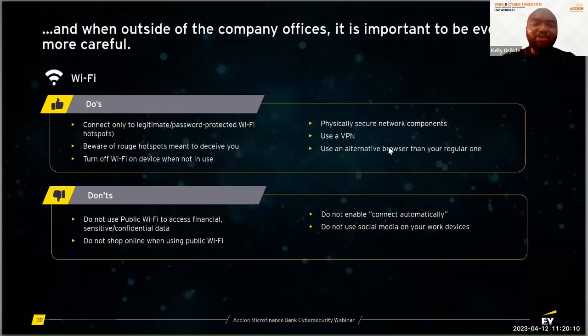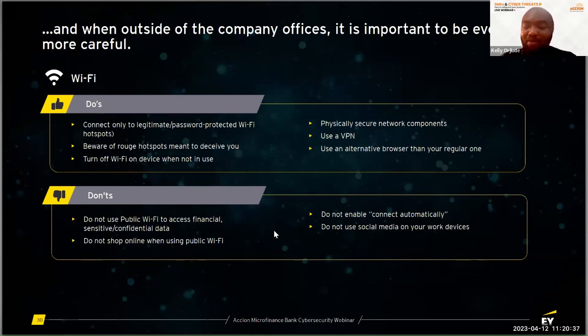Likewise, when you're outside your office premises using public Wi-Fi's, please run away from free Wi-Fi's. I try as much as possible to run away from them, because personally, I can set up a Wi-Fi that has the same name as Action MFB, if they're using Wi-Fi, right?